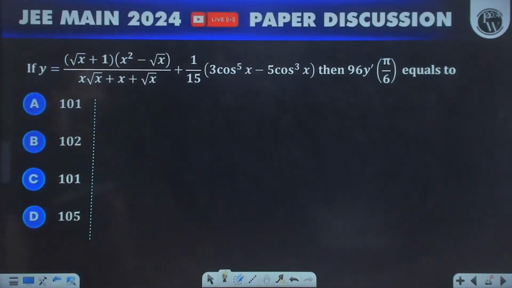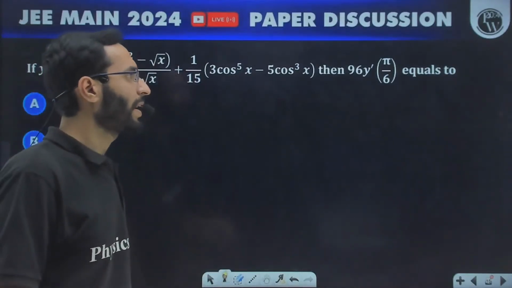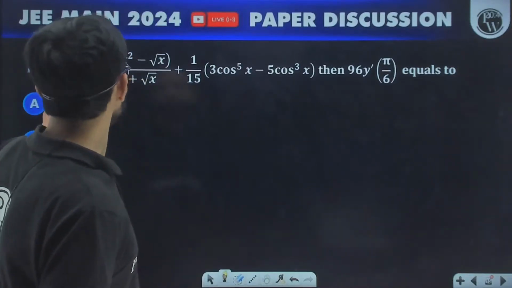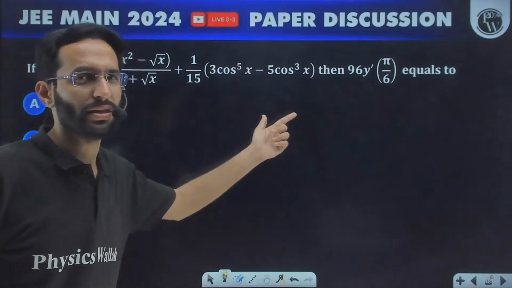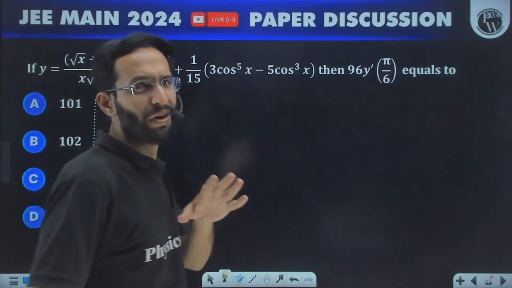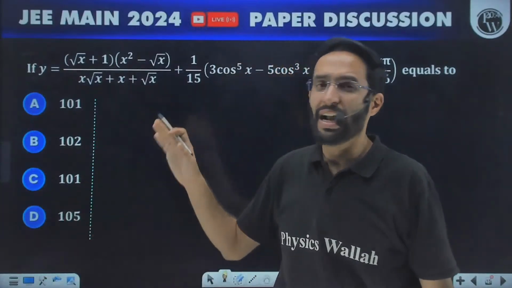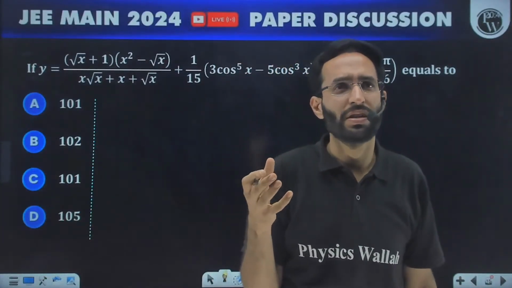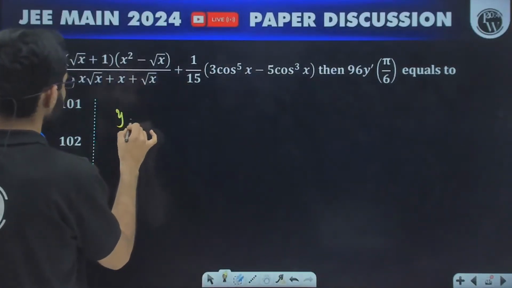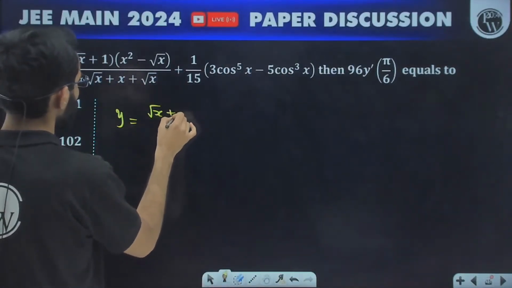So here y is given to you, and they want you to find 96 times y dash at pi by 6. Differentiating this function is very complicated, so let us simplify this function and understand what it is. So here y is equal to root x plus 1 in the numerator.